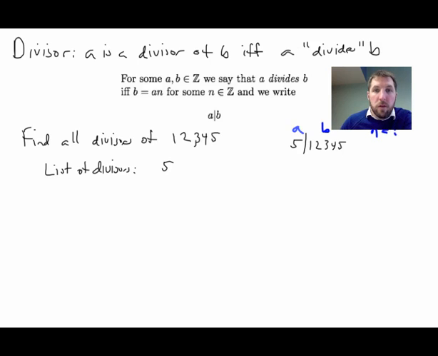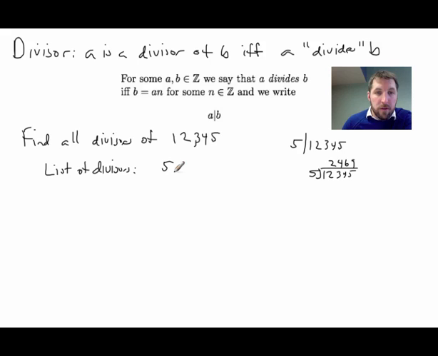The easiest way to find n is literally to divide. So we're just going to take 12,345 and divide it by 5. I'm writing it out like long division, but really we don't have to, because we know that it goes in 2, 4, 6, and 9. 2,469.